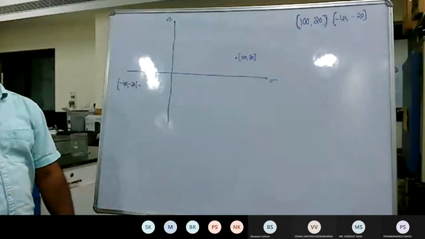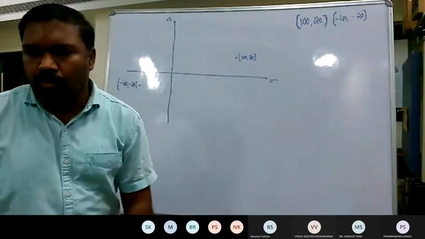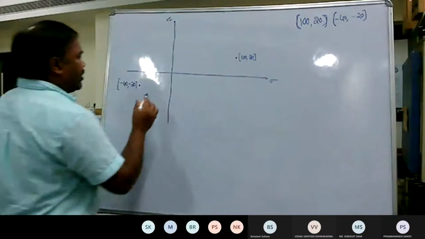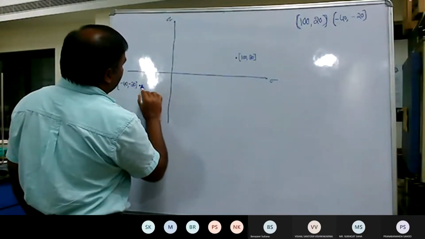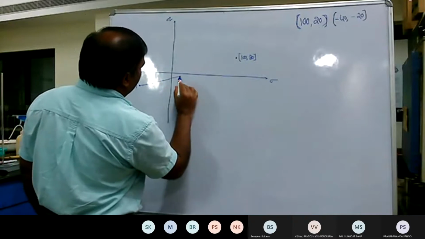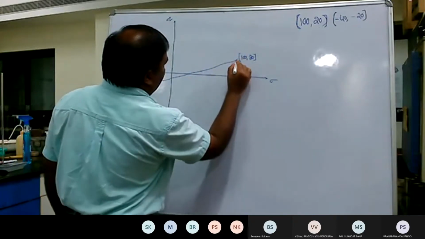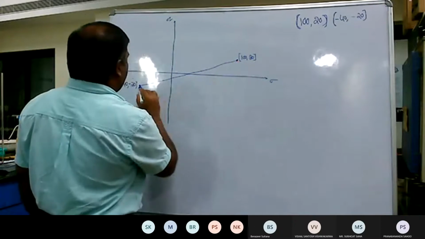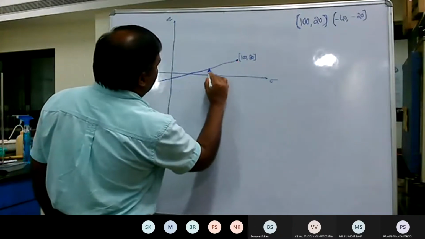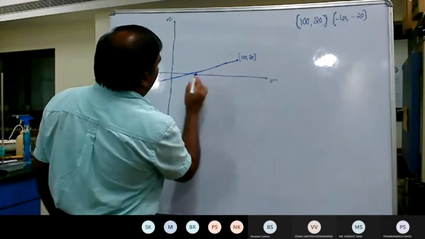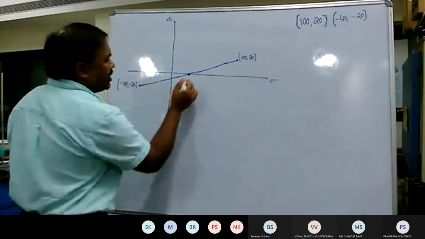The distance between these two points will be equal to the diameter of the Mohr circle. So you can treat this as the diameter of the Mohr circle. This means the line cuts the normal stress axis at some point.